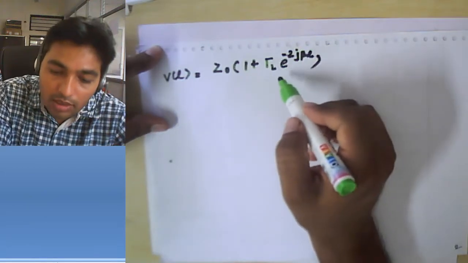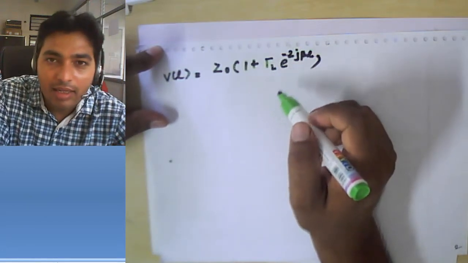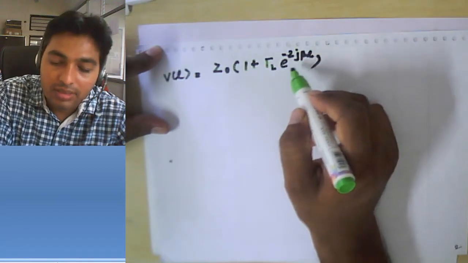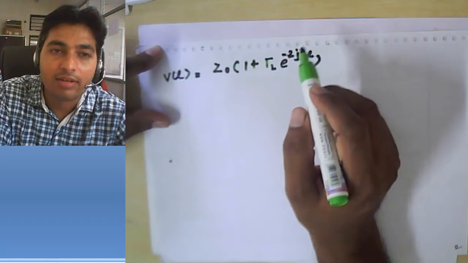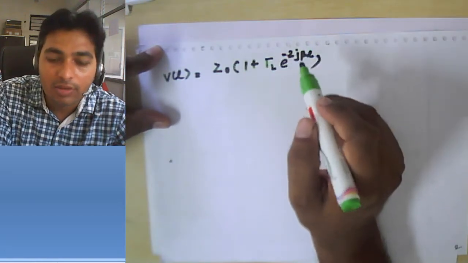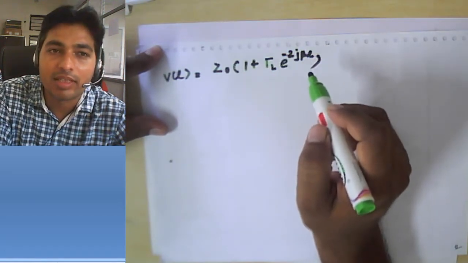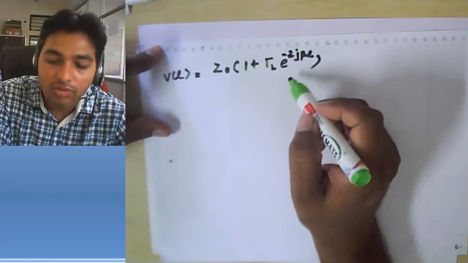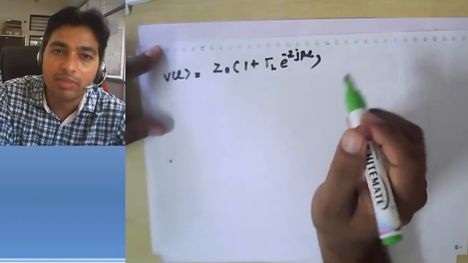Previously it was only capital gamma L e raised to minus 2 gamma l, where we substituted gamma is equal to alpha plus j beta, and we have seen for the lossless line alpha is equal to 0, so it will be e raised to minus 2 j beta l.